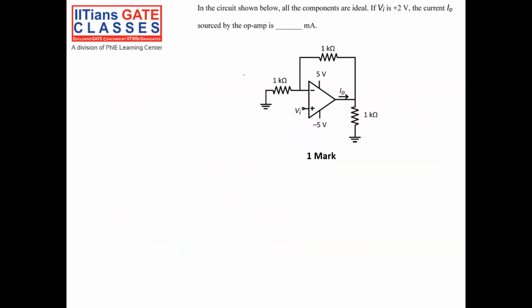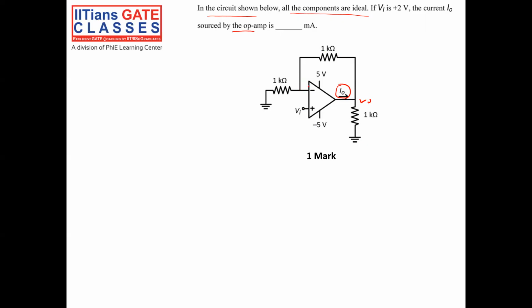Second question is, in the circuit shown below, all the components are ideal. Vi is 2 volt. The I0 of the op-amp is asked in the question. Okay guys, you see, since the op-amp is in negative feedback, that means some part of the output is fed to the negative terminal.